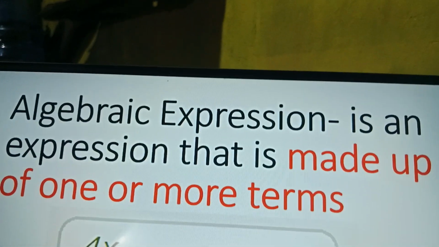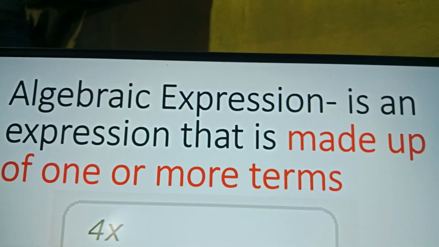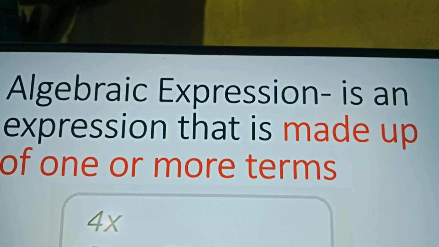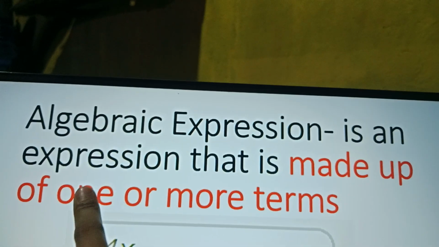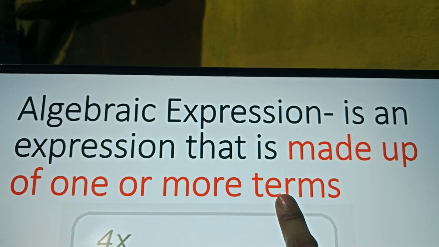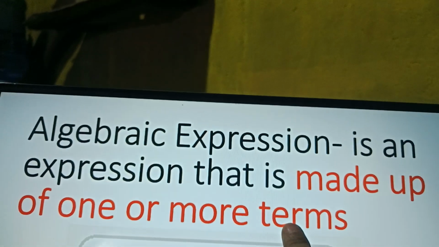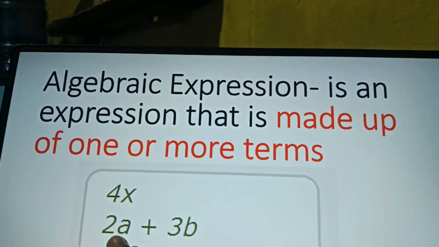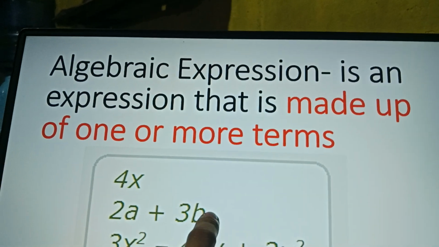The next one is algebraic expression. An algebraic expression is an expression that is made up of one or more terms. Later, we will learn about terms. We have here 4x, this is one term. And we also have another example, 2a plus 3b.